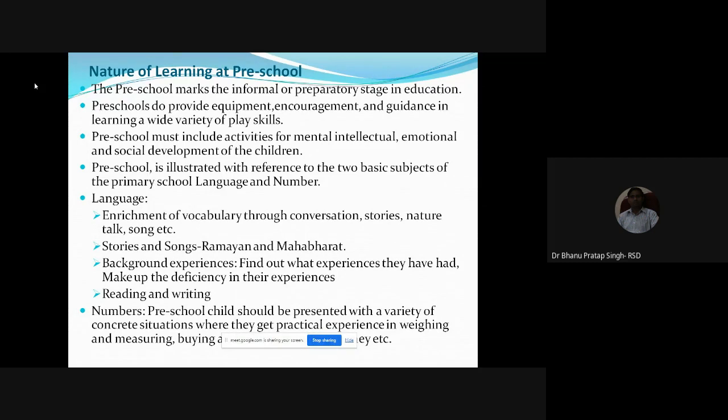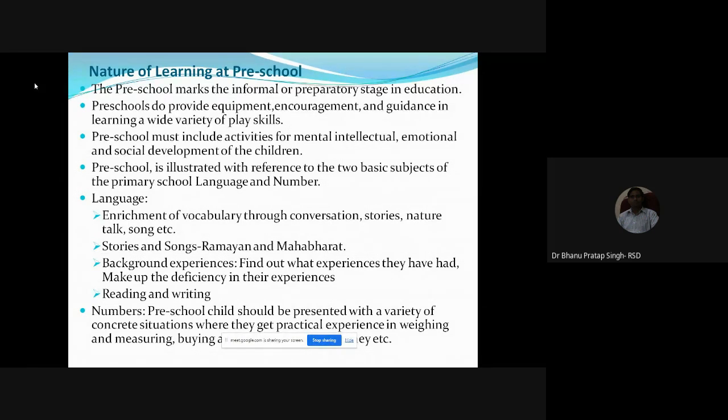The preschool marks the informal or preparatory stage in education. The preschool provides equipment, meaning toys and learning objects. Preschool provides encouragement and guidance so that the child may learn various skills.